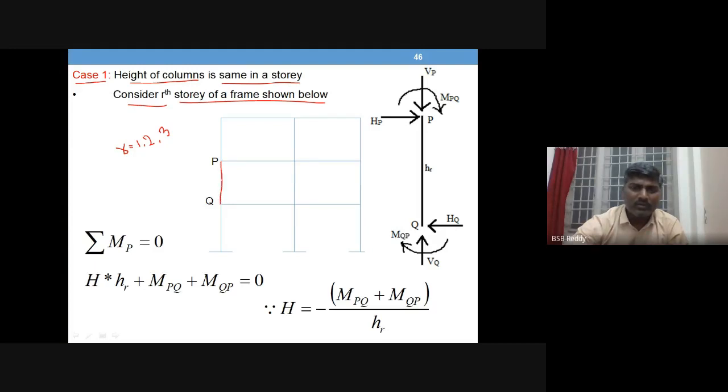and now I am taking free body diagram of a particular column in this particular story. So this is column PQ. You see it here. I've drawn free body diagram of this one, complete free body diagram with all possible reactions, horizontal, vertical, moment.